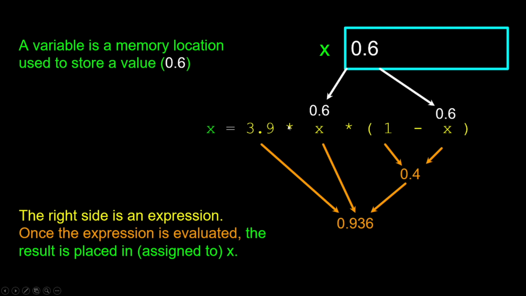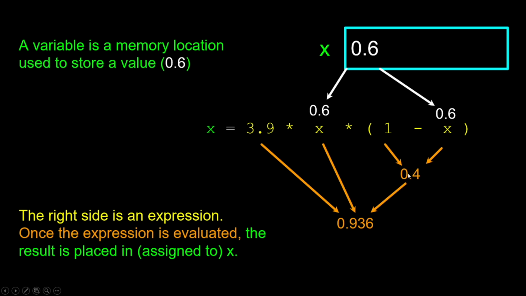What will happen is we replace x with 0.6, so both x's use the value 0.6. We'll create an actual program that refers to this scenario. Remember MDAS, we'll discuss that later, but here parentheses come first. So 1 minus 0.6 is 0.4.